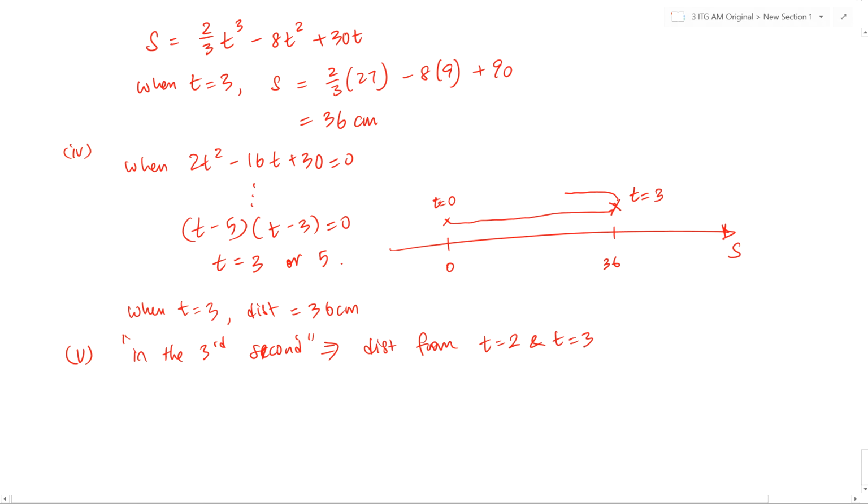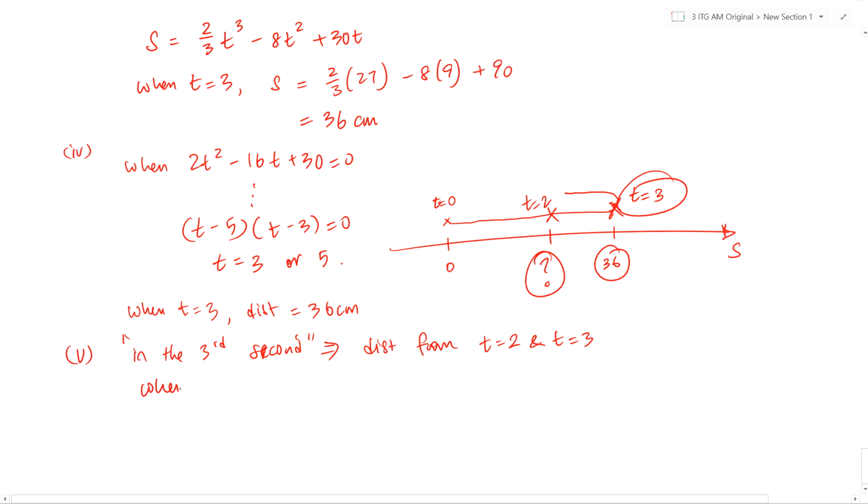So yes, you take the distance from time equals 3 minus the distance from time equals 2. So time equals 3 was here, right? So time equals 2 must be somewhere before that. So we need to find out what this distance is when time equals 2. Then, whatever distance it is for time equals 3, which is 36, minus whatever distance it is for time equals 2, gets the answer. That will be the distance traveled.